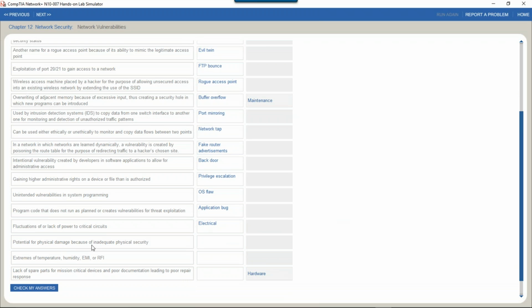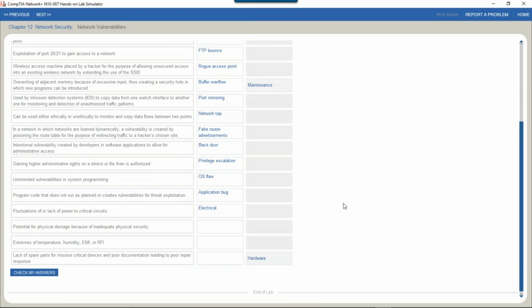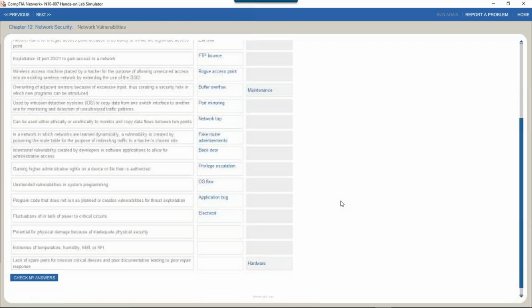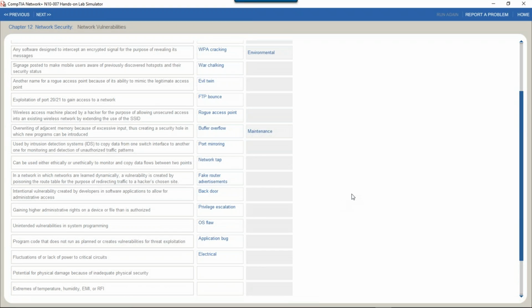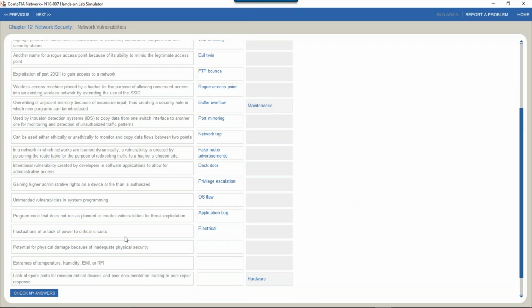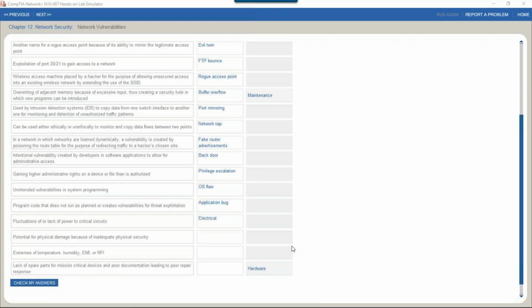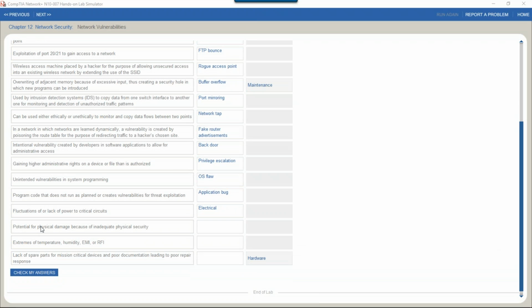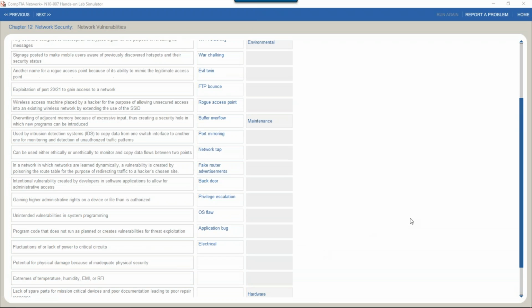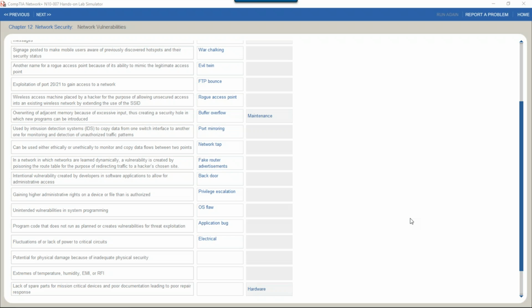Potential for physical damage because of inadequate physical security. So which of these will fall into that category? When you think about physical, what do you think of? The keyword here is probably going to be physical. What else do you guys see? Donald says environmental. Okay. What else? Does anyone agree or disagree?